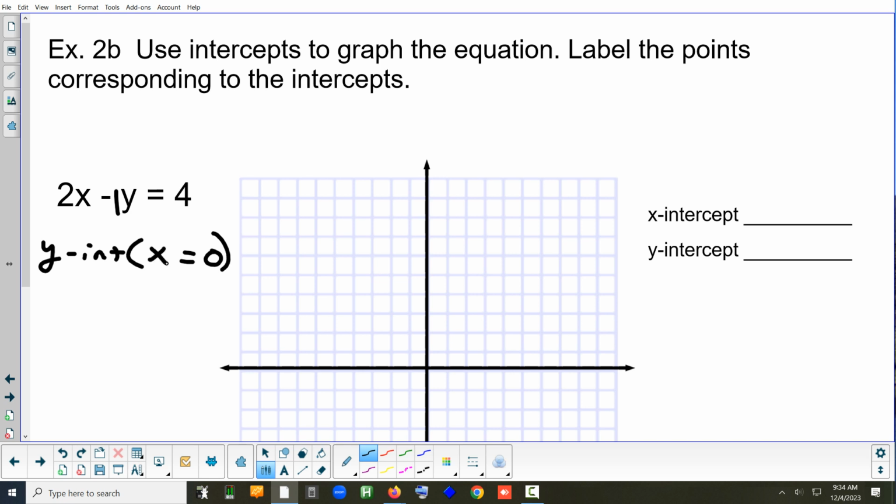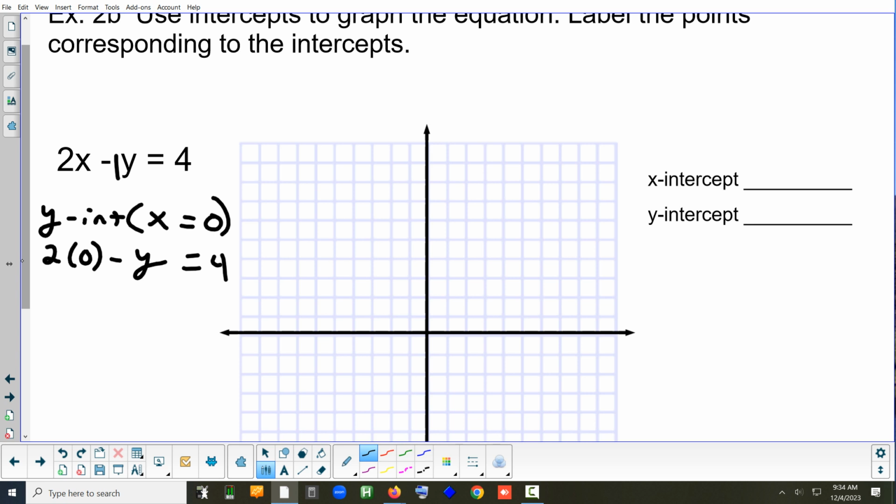So copy down your equation again, filling in 0 for x. 2 times 0 minus y equals 4. Okay, what's 2 times 0? 0. So that's gone. What am I left with after I do that? -1y equals 4.